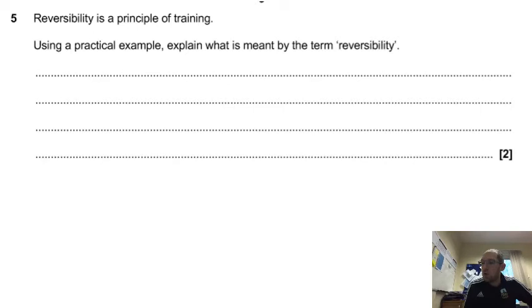Any performance fitness gains that have occurred through training can be lost once training has stopped, or training must be maintained to prevent the loss of performance or fitness. Example, appropriate practical examples demonstrating reversibility. It says, do not accept any references to physical adaptations, gains are reversed because it is in the question.